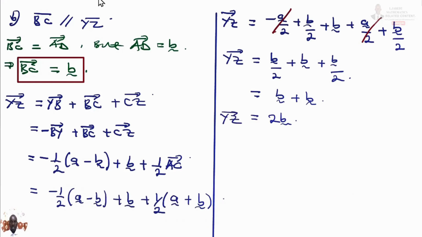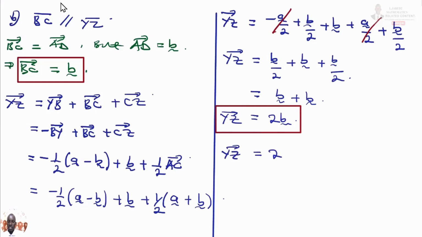Let us now check. That means vector YZ is given by this expression. Let us now compare these two, vector BC and vector YZ. We see that these two vectors are parallel. How? We can say that vector YZ equals twice vector BC, because vector BC equals B, implying that if these vectors are parallel, the lines BC and YZ are also parallel.